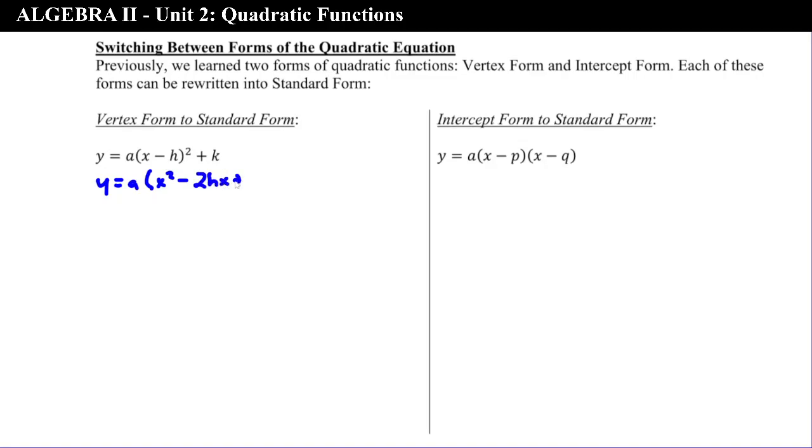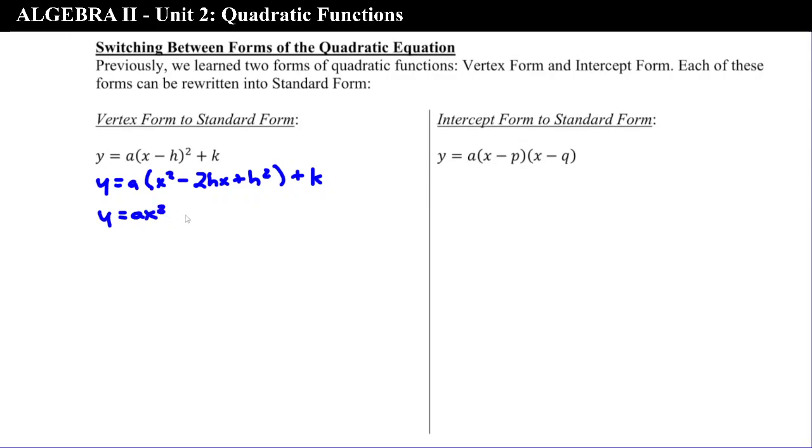Then square this last term. Now if you want to, you can take x minus h times x minus h and FOIL it out, and you'll see that you get to the same thing right here. Now I'm going to distribute the a.